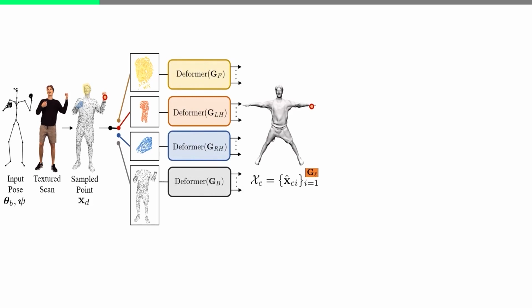GRH is the right hand, GB is the body, and GF is the face. So they can detect four parts. They initially focus on the sampling points in a way that is sensitive to the differences of the body parts. The result is denser sampling for the smaller parts like the hand and the face, which they treat as different parts of the human body. They greatly improve the model quality in this area.